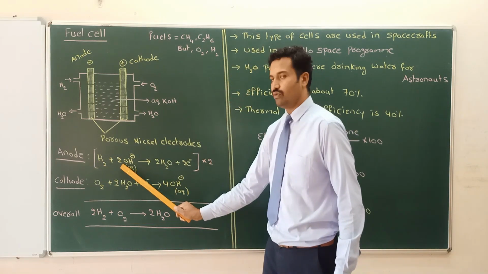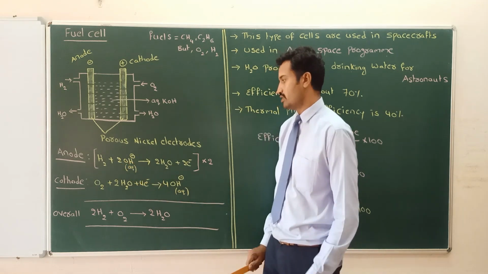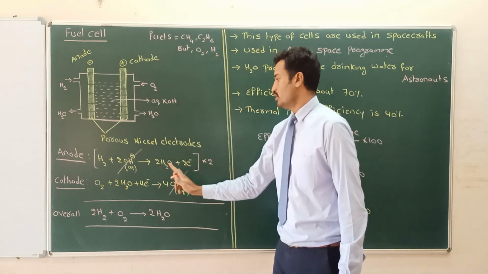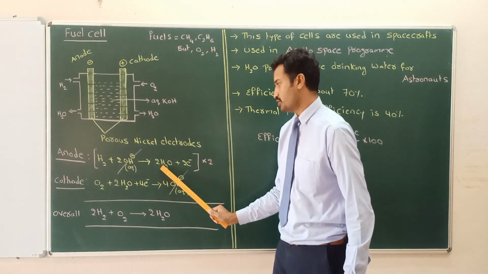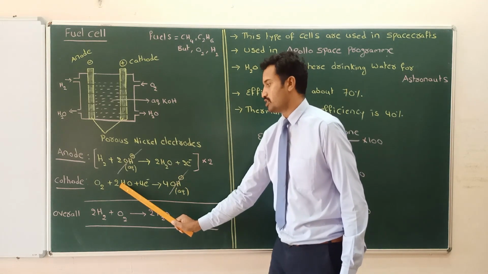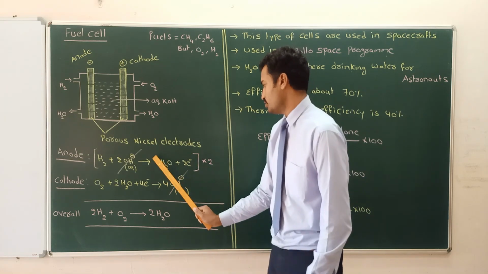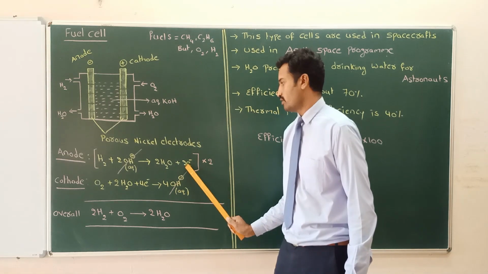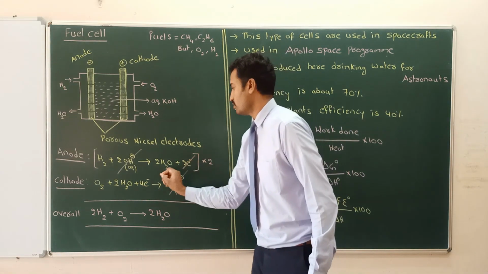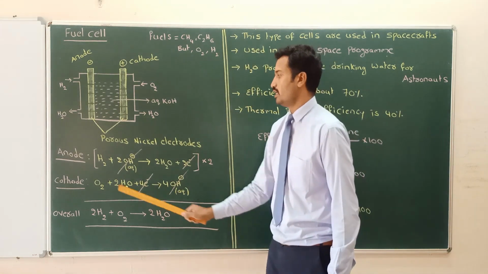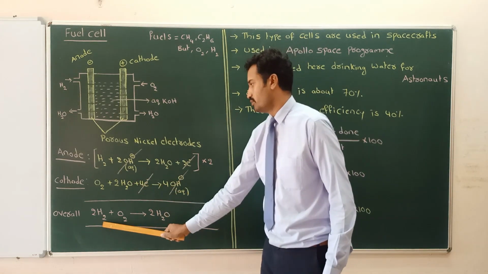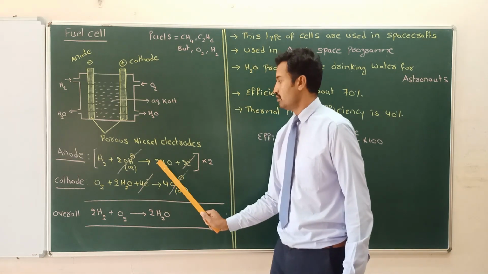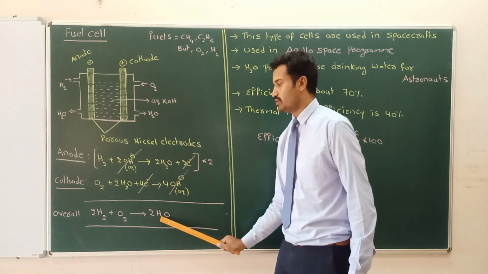For the overall reaction, we take 2 into H2, that is 2H2, and 2 into 2OH, that is 4OH minus. The 4OH minus on both sides gets cancelled. Next, 4H2O minus 2H2O gives 2H2O on the product side.